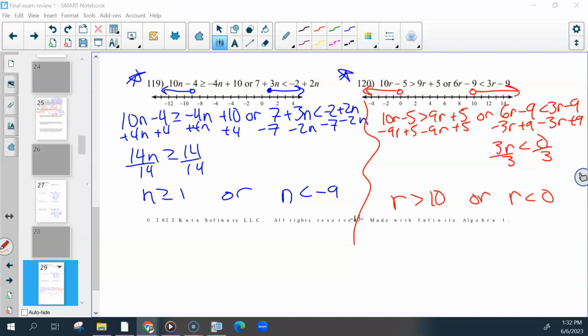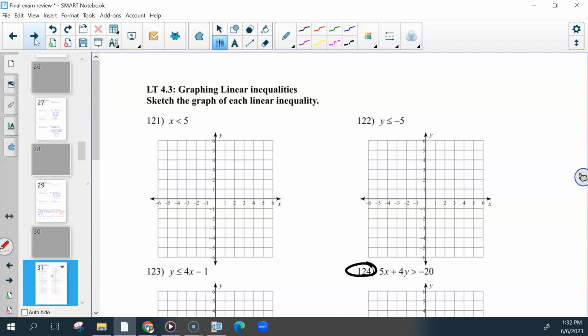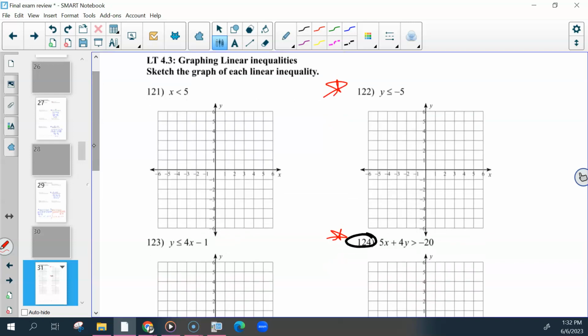Find questions you want to see, do, go over on 4.3. I guess 122. So let's start with 122.